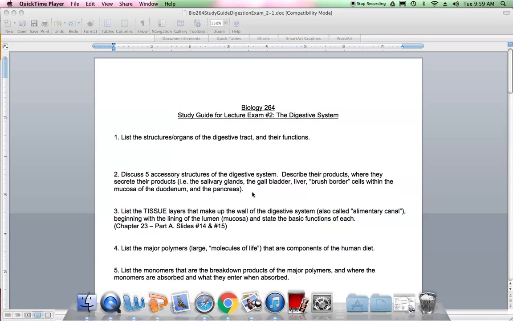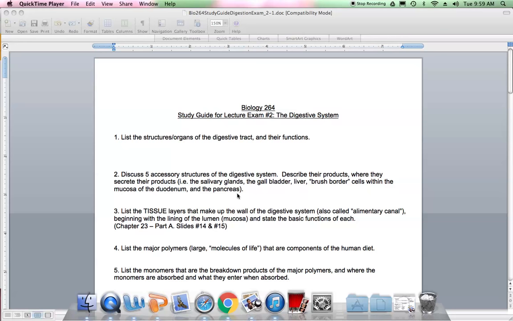Of course, the stomach will add things, but we come to the gallbladder, the liver, the brush border cells, which I sometimes refer to as the cells in the lining of the small intestine, specifically the duodenum. These cells will be adding materials into the lumen of the duodenum, and finally the pancreas.